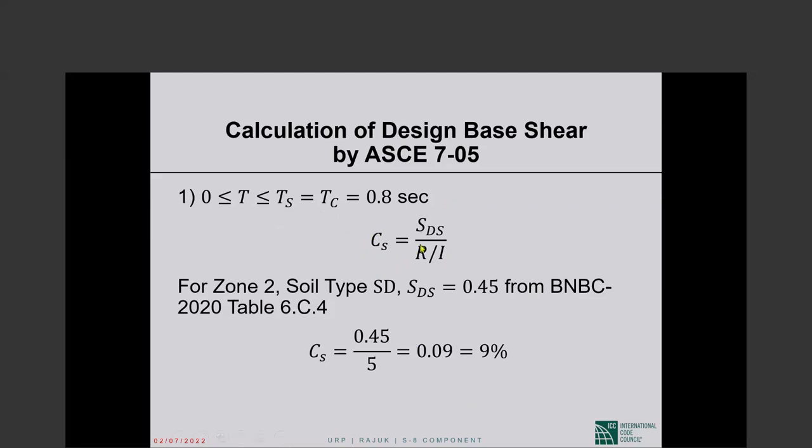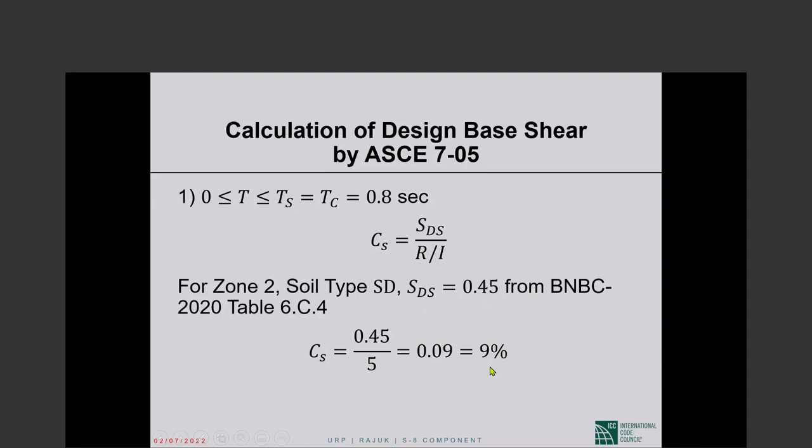So C sub S is S sub ds over R over I. For zone 2 soil type SD, S sub ds is 0.45 from BNBC. So S sub ds is given in that table. So C sub S is the S sub ds of 0.45 divided by R of 5 and I of 1, and that gives us 9%, just as BNBC did.